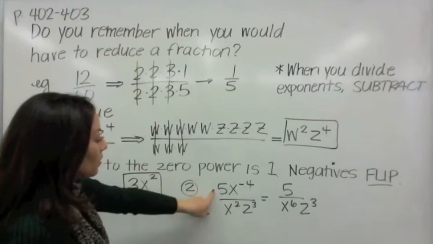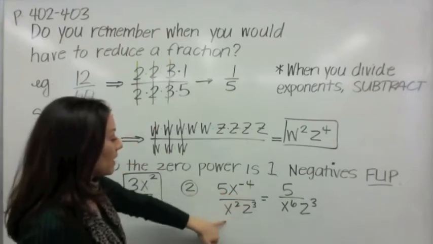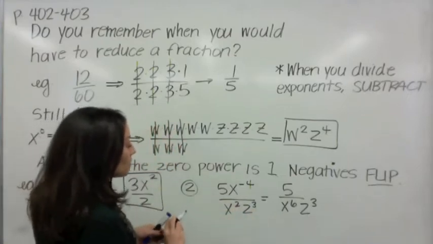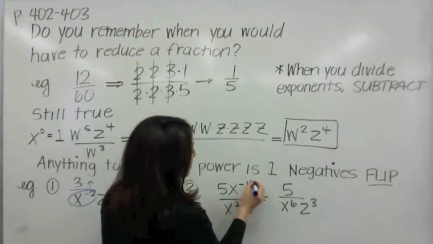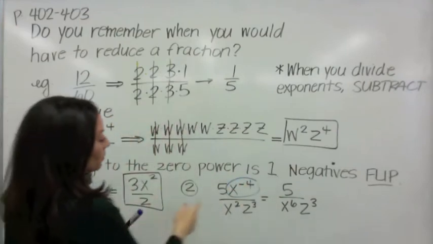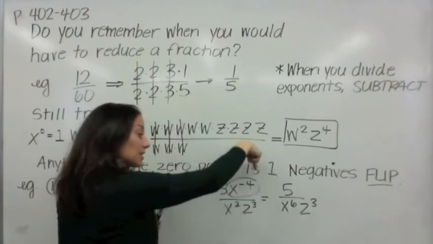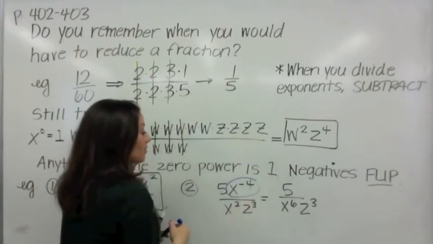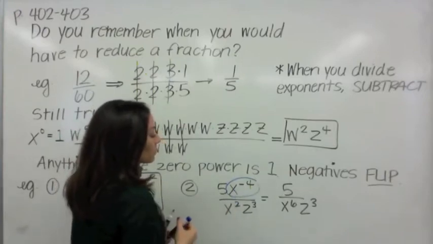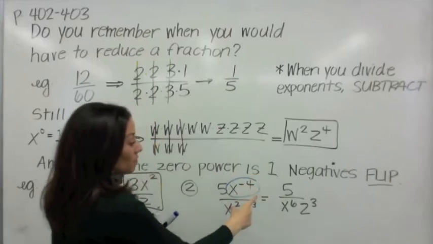Okay, let's take a look at this one. 5x to the power of negative 4 divided by x squared times z cubed. What do you think you need to do with the negative exponent? It needs to come down to the denominator. And since your x's are like terms, when you bring it down, it's really the opposite of subtraction.